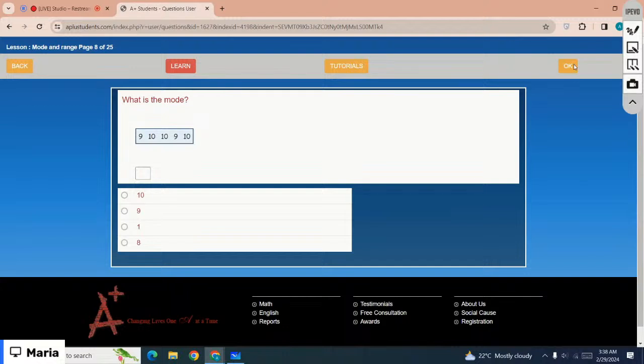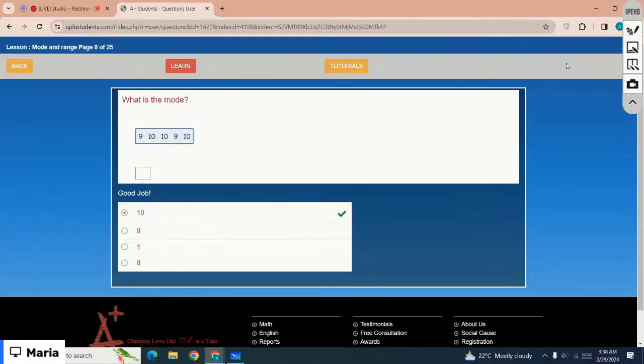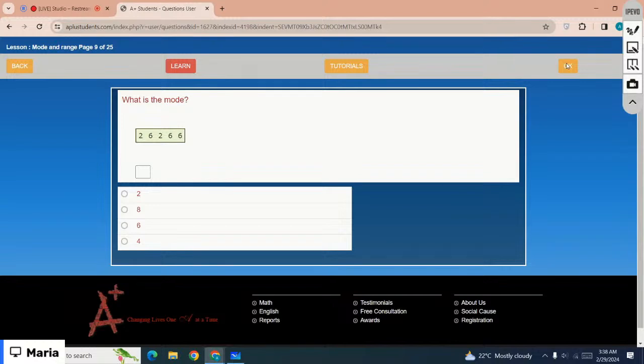So mod is 10. What is the mod? Which is the correct option? Yes, the correct option is 6. 6 is the number you can see most of the time in the given data. So the mod is 6.